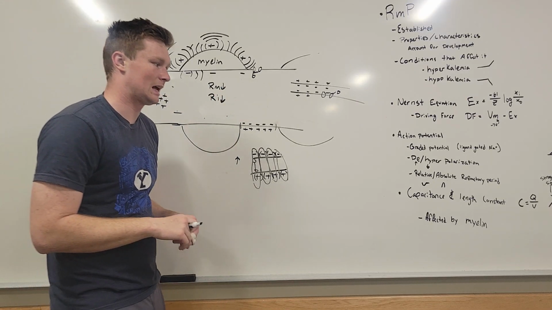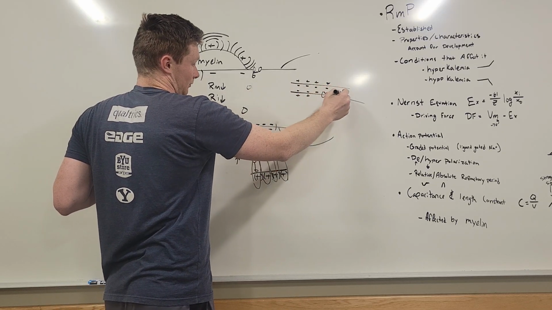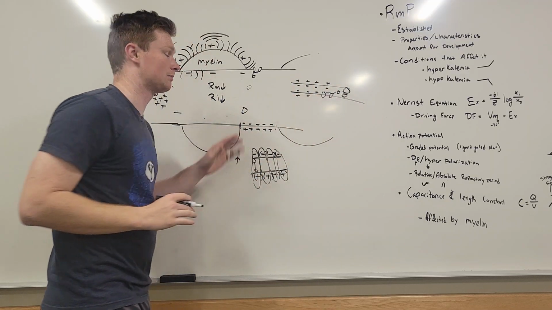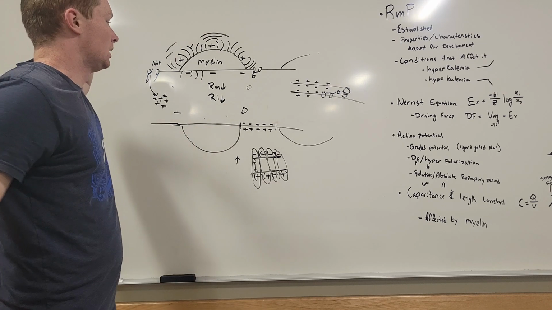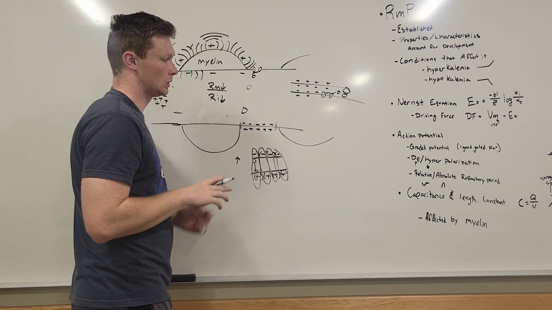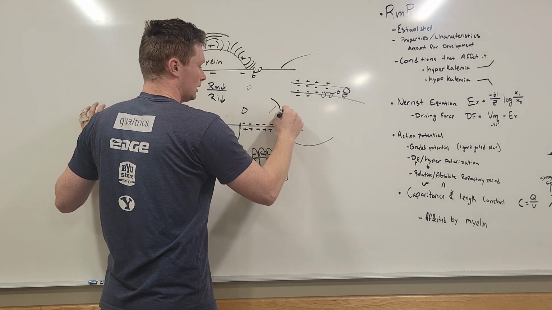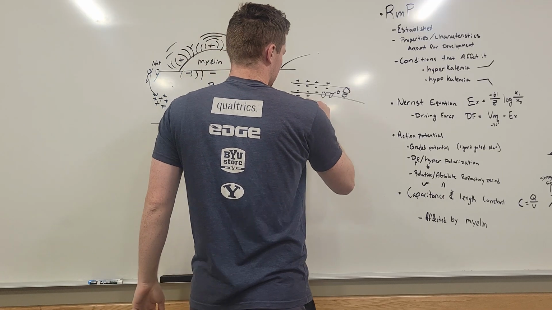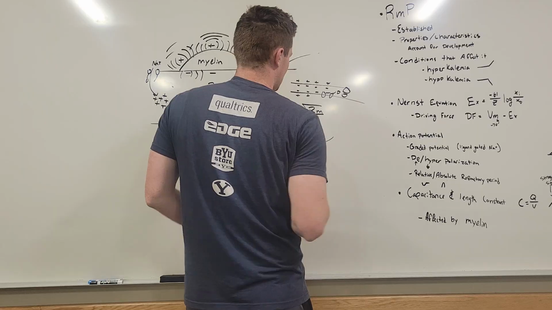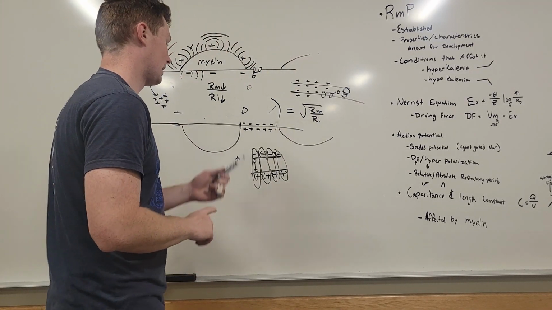Internal resistance is like, if we had a protein in here, it could block that pretty easily. But in here, because it's wide, you're not going to get blocked as much. So this Rm is important to our length constant. Length constant is this symbol, and it equals the square root of Rm over Ri. So if we have less of that, it's going to be a better length constant.